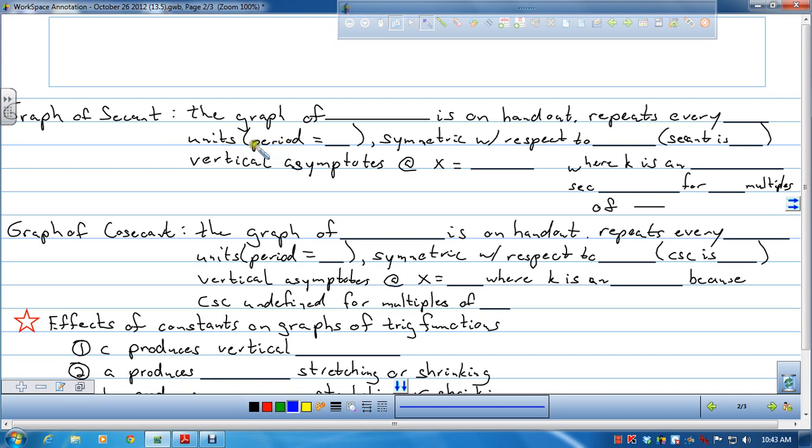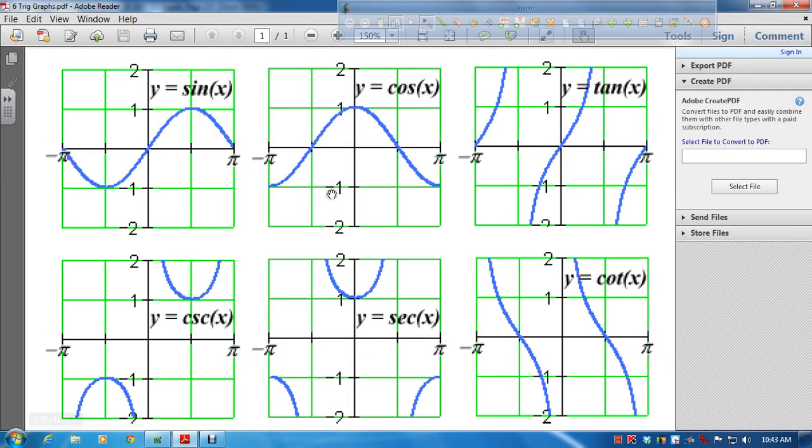So let's look first at the graph of secant. So y equals the secant of x, and that's also on the handout. If you look here, secant is below its reciprocal function, which is cosine, and it shares this point.